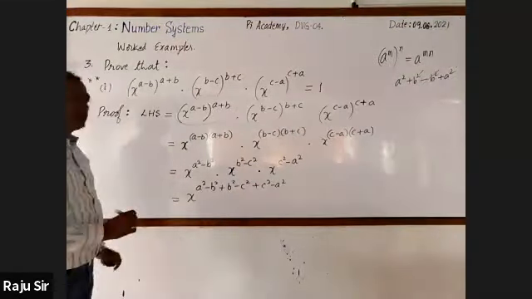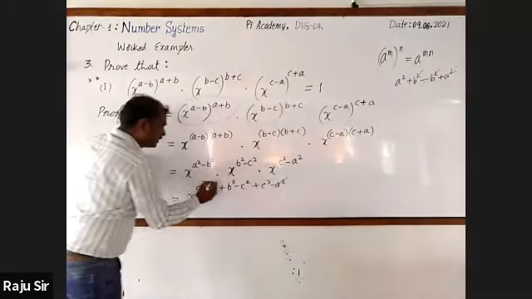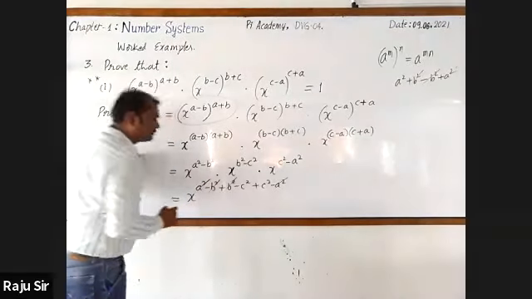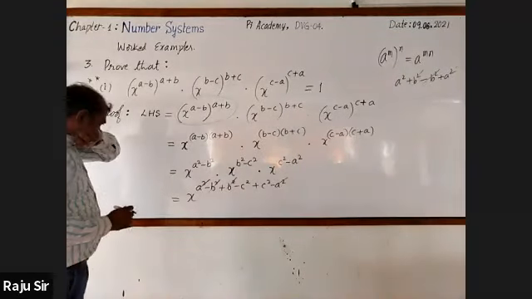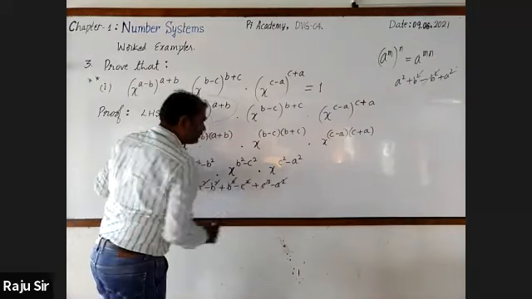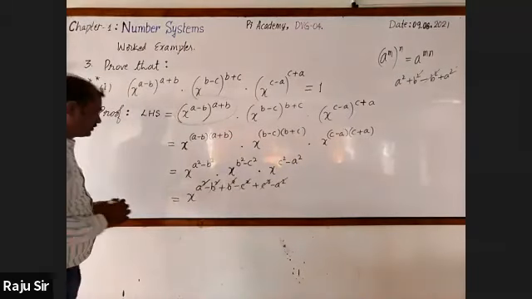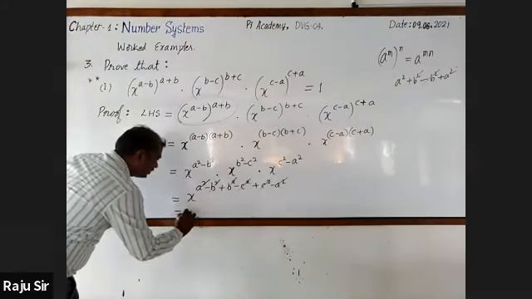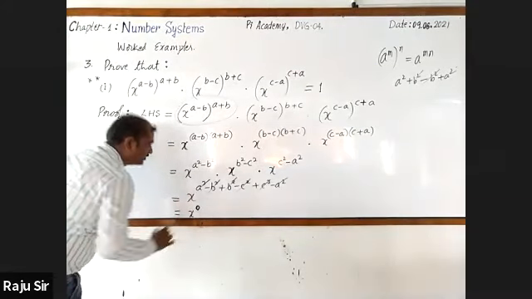Now you can cancel. Minus a square plus a square. Minus b square plus b square. Minus c square plus c square. When all are cancelled, you will get 0.